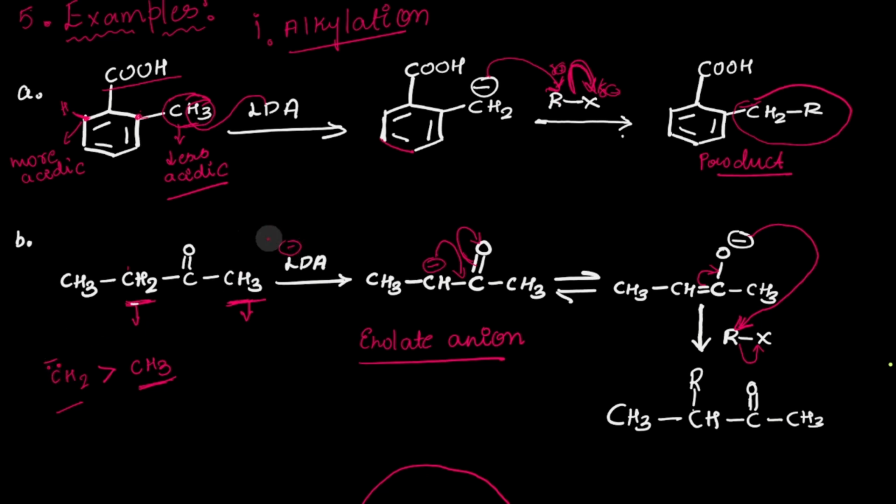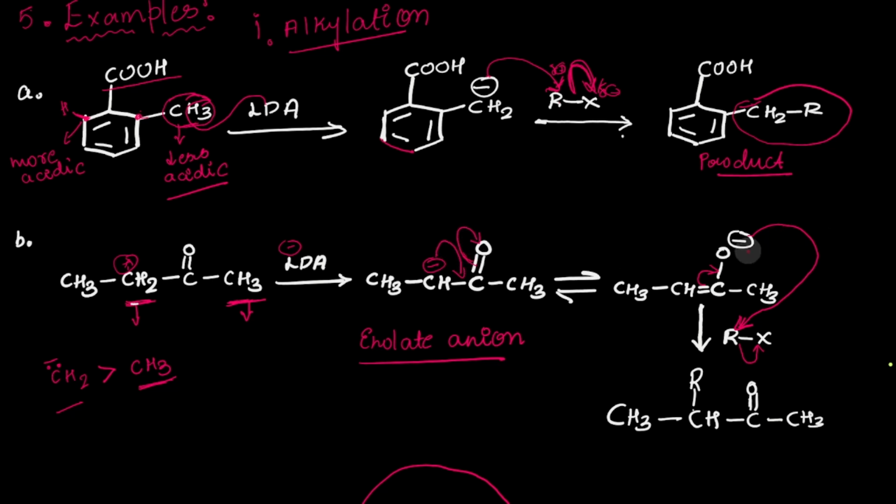So LDA abstracts the proton from this CH2, and it forms a negative carbanion here, and this negative charge can resonate, and this double bond is shifted onto the oxygen.